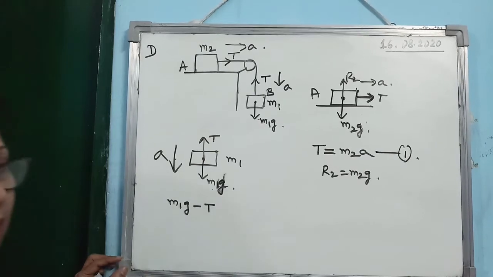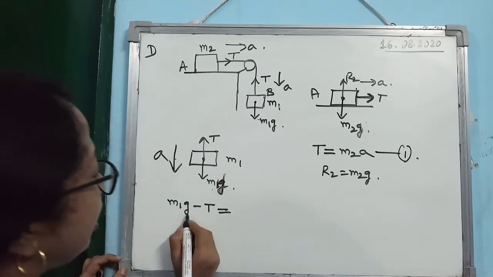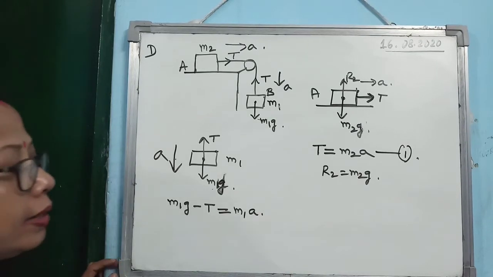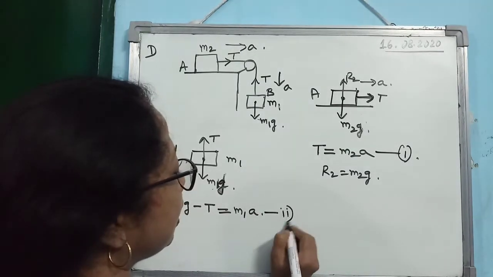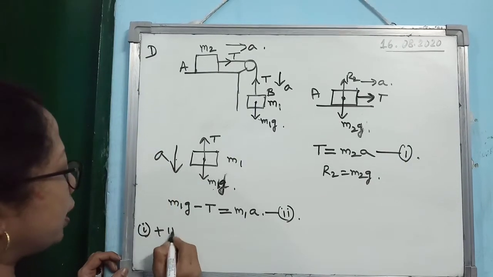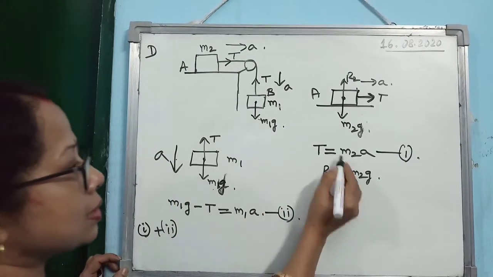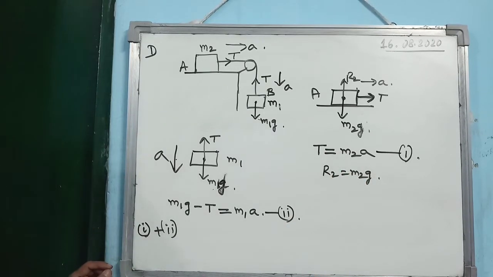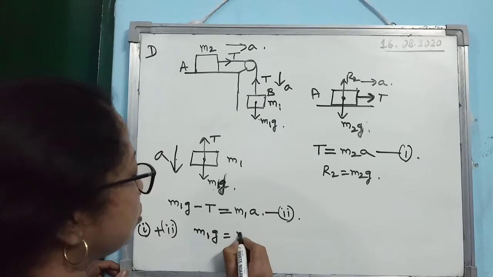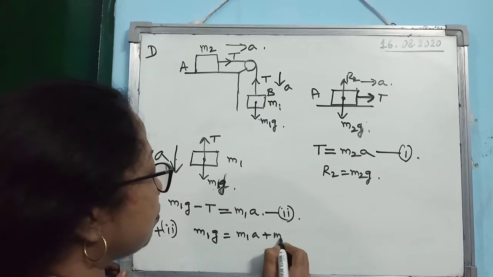M1G minus T. Now according to Newton's second law, M1G minus T should be equal to M1 into A. Alright, now this is equation number 2. So if you add 1 and 2, what are you getting? You see here it is minus T, here it is plus T. So that will get cancelled. So you can write M1G is equal to M1A plus M2A.